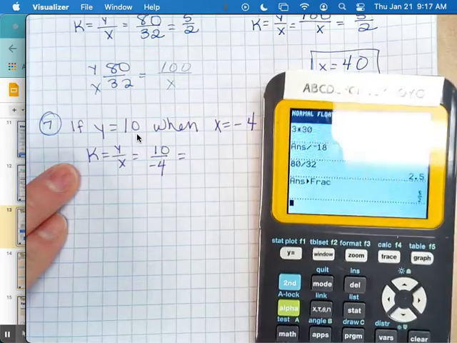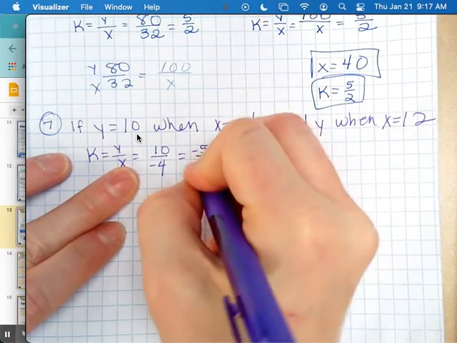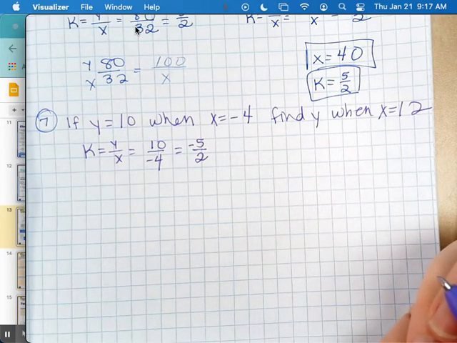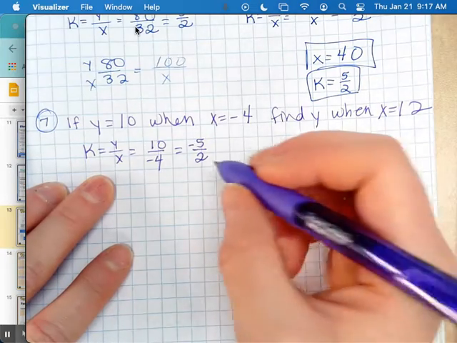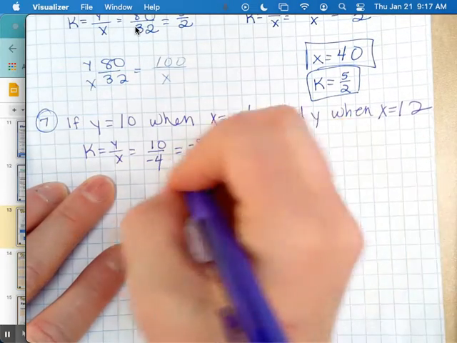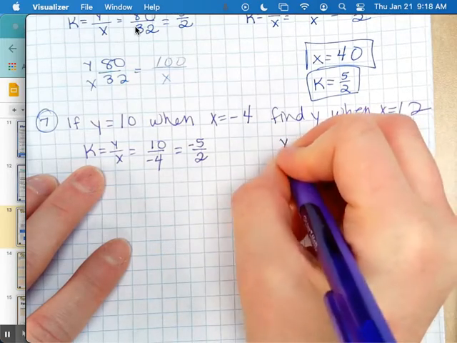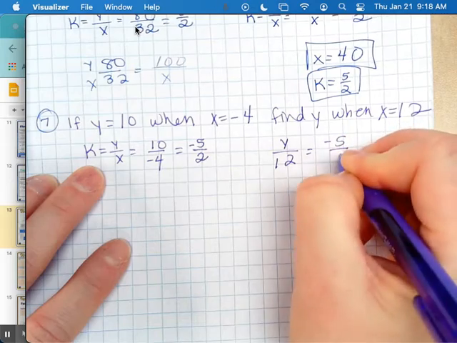We can simplify that by 2, so it'd be -5 over 2. And then we do y over 12 equals -5 over 2.